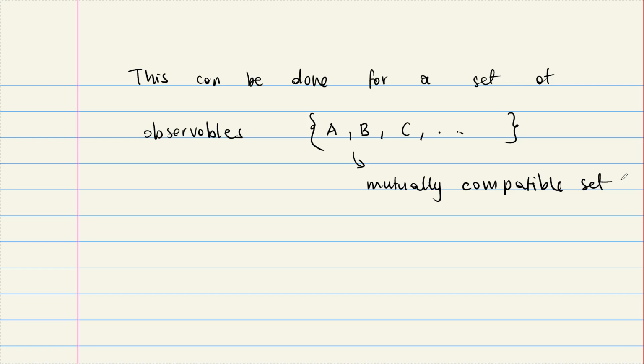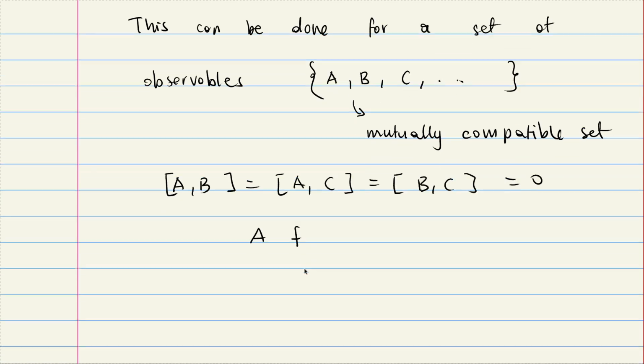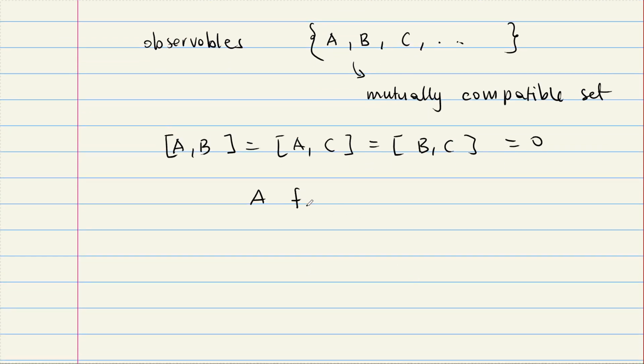Okay, and suppose you have three members, like A commutes with B, and A commutes with C, and B commutes with C, they are all 0. That means you can have a common state. Now it's good to put labels on each eigenvalue.